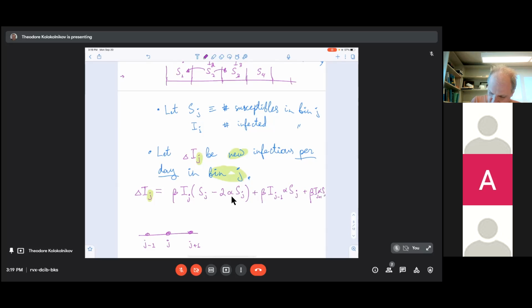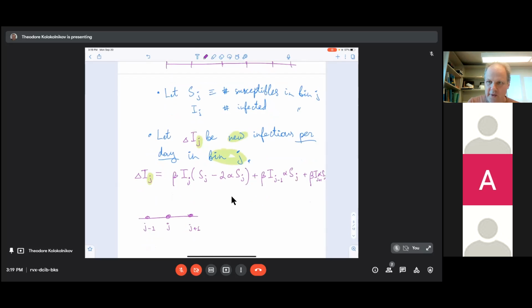Okay, so now let me explain, and feel free to interrupt to ask questions if something is not clear. This term here is the daily infection of S_j inside the bin j.